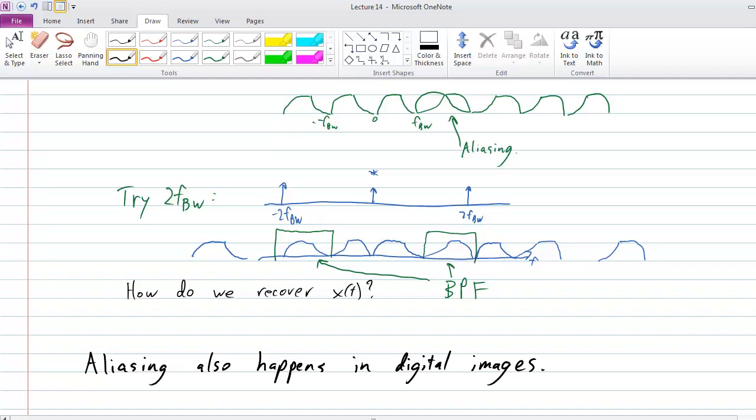filtering first before going down to the lower resolution. Just like we do an anti-aliasing filter to get rid of the content that's going to cause aliasing in this discussion. Okay, this is actually particularly important for computer-generated images, because a computer-generated graphic theoretically has infinite precision.